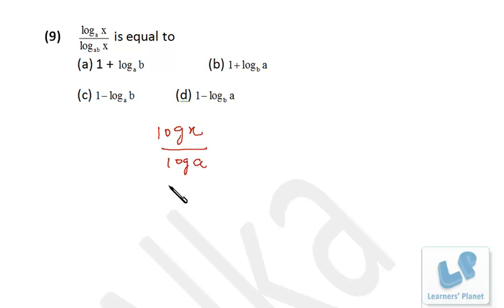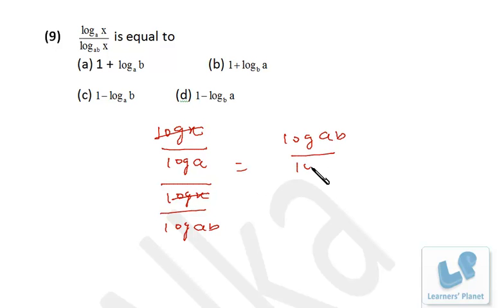log a, right? Similarly, it's not necessary to write down the new base, okay? You can take it like this also, and here it will be log of x by log of ab, right? So precisely log of x and log of x is cancelled, so you are left with log of ab by log of a, right?